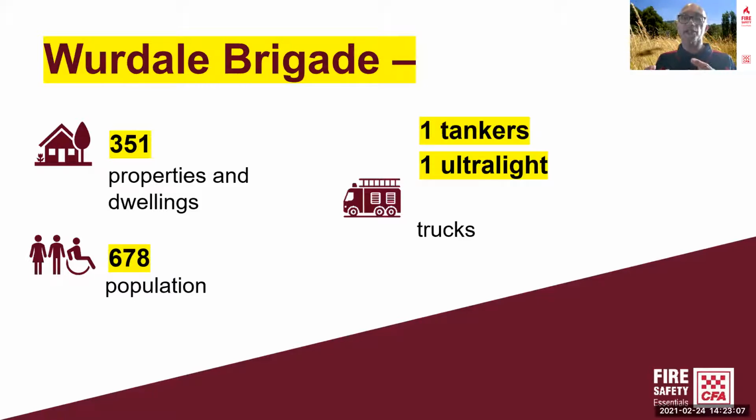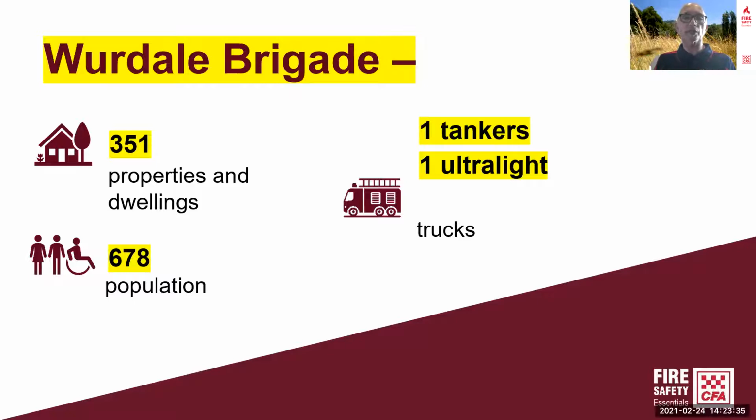The question at this stage, Christine, is a rhetorical question around, well, hey, what's the likelihood of a CFA tanker and crew coming to your property and putting out that fire on a bad fire day? Bearing in mind that the services of the brigade will also be pulled in other directions as well. So I might just leave that there hanging for you.